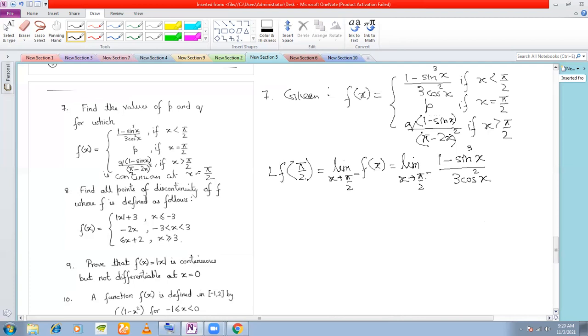Okay, to evaluate this limit, we put pi by 2 minus x, because this is the left hand limit. So pi by 2 minus x is equal to h. That means x is equal to pi by 2 minus h. Therefore, as x tends to pi by 2 minus, you have h tends to 0.